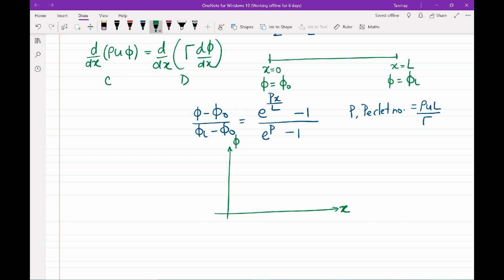So at x equals 0, we have this particular point, which is phi 0, and let us say this is phi L, and let us say that this is L. So we have these two as the boundary conditions. I want you to understand how the Peclet number is going to affect this particular solution.